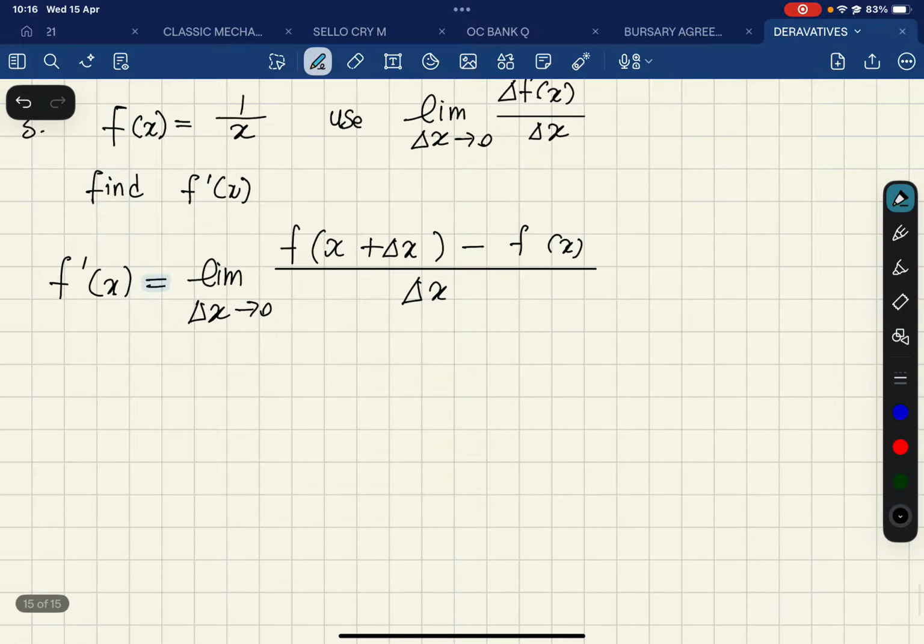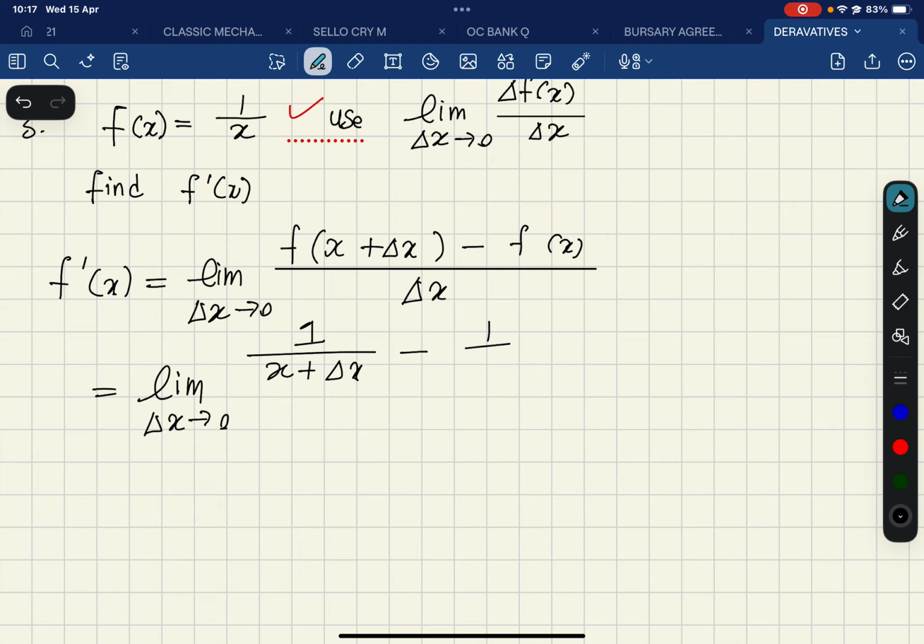Then from there we substitute our original f of x, which means I will have the limit as change in x approaches 0 of 1 over x plus change in x minus 1 over x, all divided by the change in x.